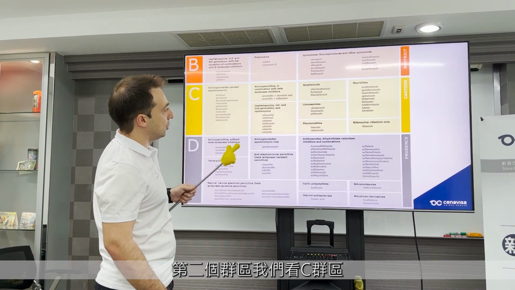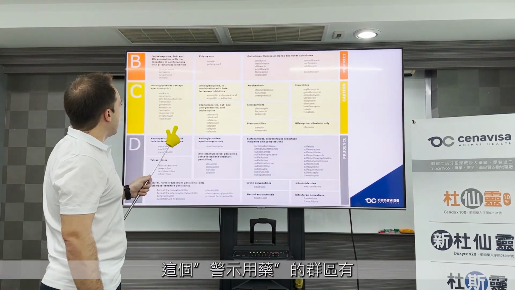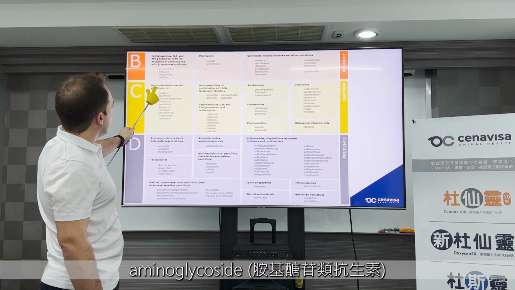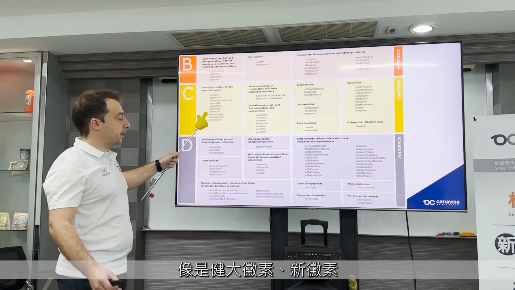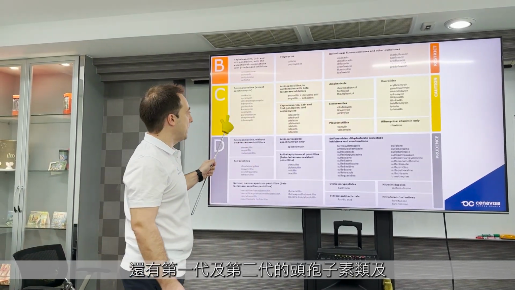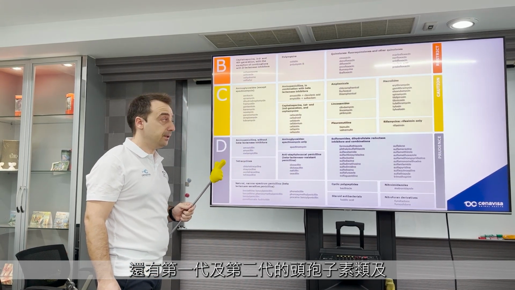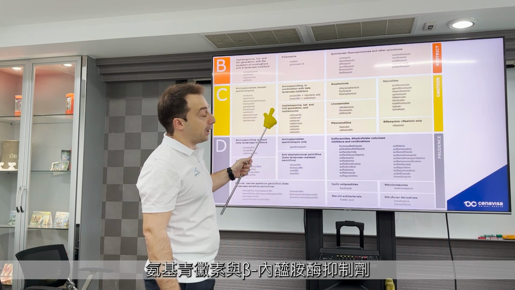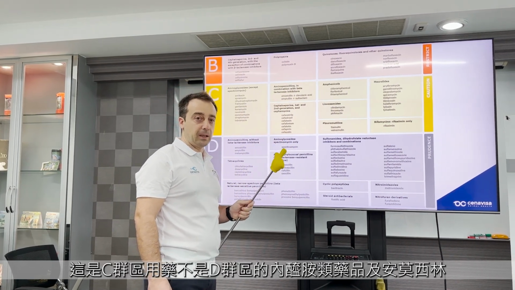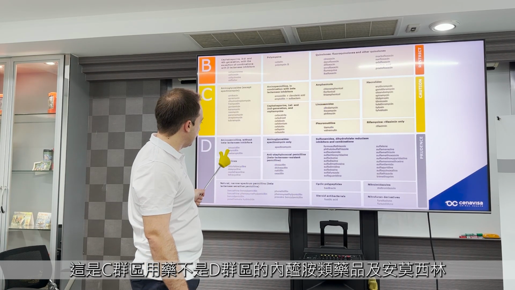In the second group, the group of caution, we have the aminoglycosides like gentamicin or neomycin, which is the most famous. You have the first and second generation of cephalosporins. Also you have the beta-lactam with clavulanic acid, the amoxy with clavulanic acid is in this group, not in the other group like the normal amoxicillin.